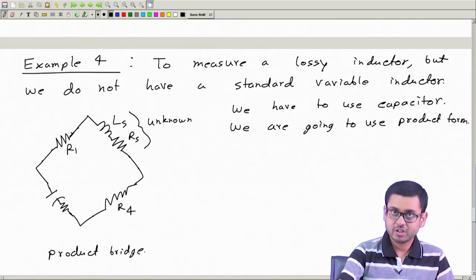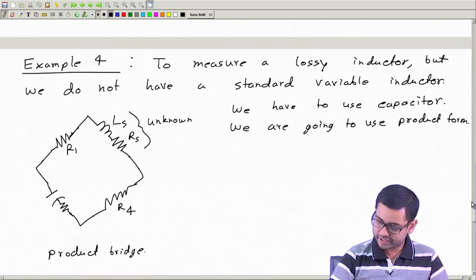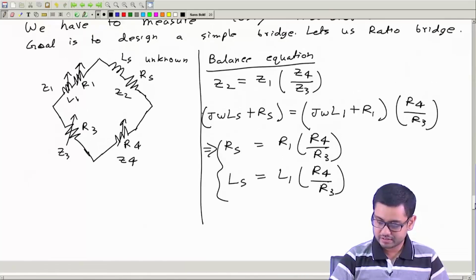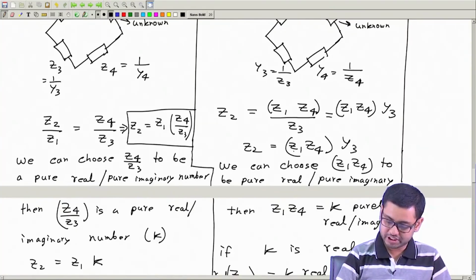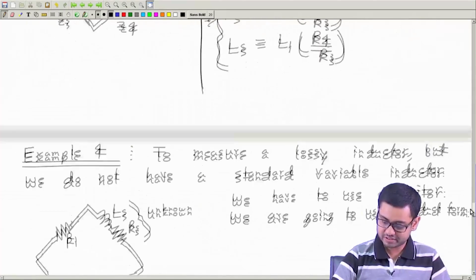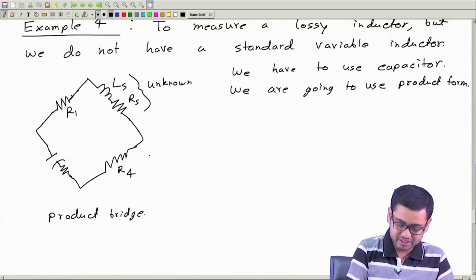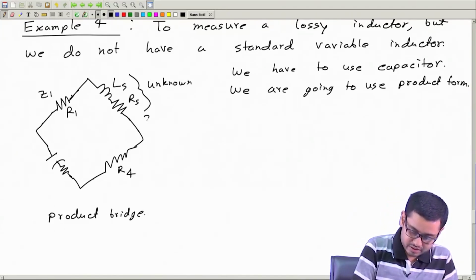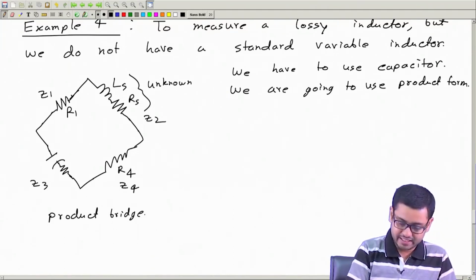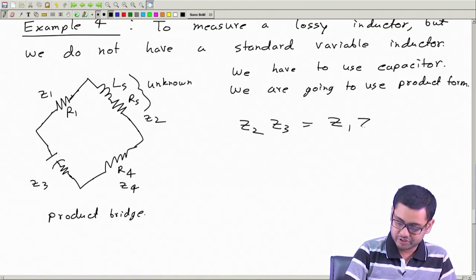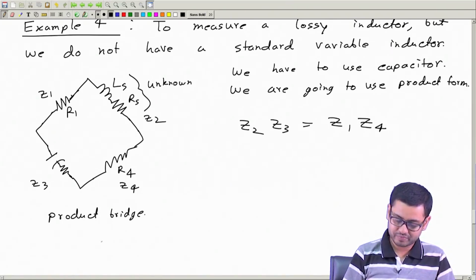So, now what can we write from here? Z2 is Z1 Z4 multiplied by Y3, or you can write directly from this. If I call this Z1, Z2, Z3, Z4, we can write directly Z2 multiplied by Z3, product of opposite arms, same as product of the other two opposite arms Z1, Z4.